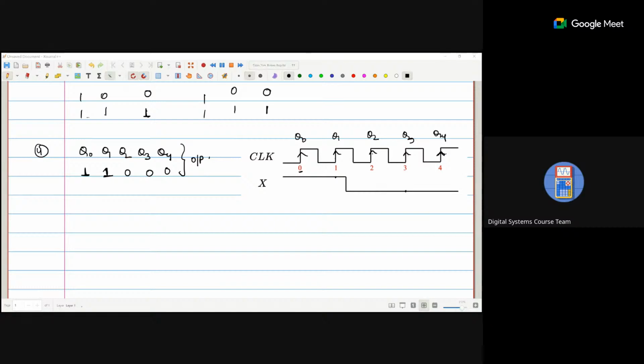So what is the output? Wait a minute. Assume that the D flip-flop is initially reset.